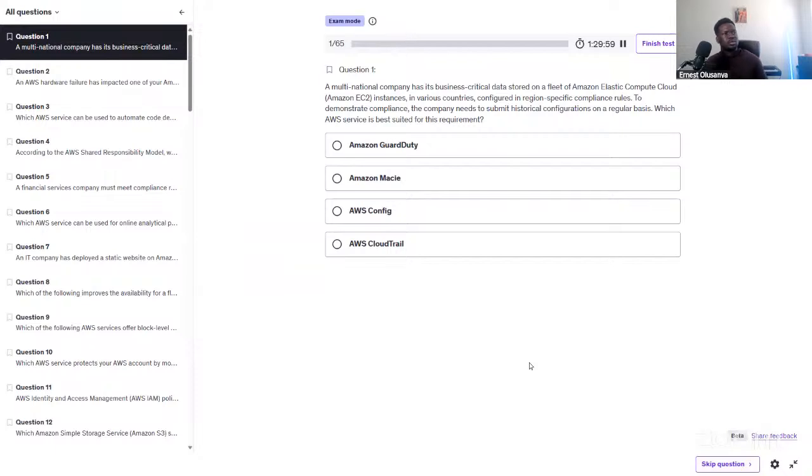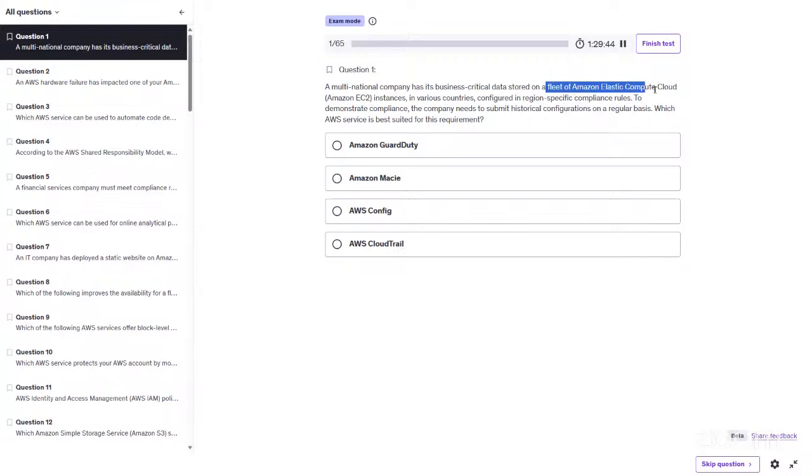All right, question 1. It says a multinational company has its business critical data stored on a fleet of Amazon EC2 instances in various countries. Key things to note here: a fleet of Amazon EC2 cloud instances, various countries, so we're talking different regions, configured in region-specific compliance rules.